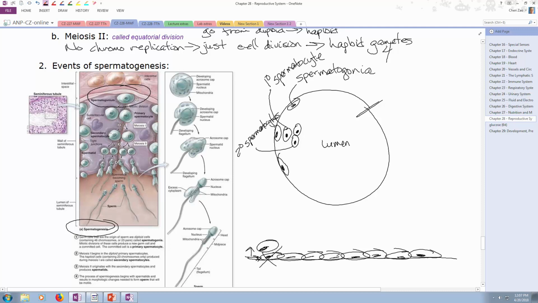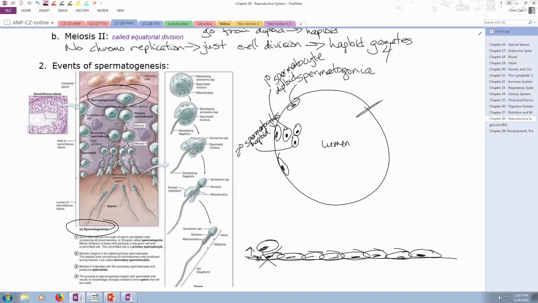These cells now are haploid. They have 23 chromosomes instead of 46. So primary spermatocytes, diploid; secondary spermatocytes, haploid. Secondary spermatocytes always enter meiosis II, and from these two cells, we'll end up with how many cells?